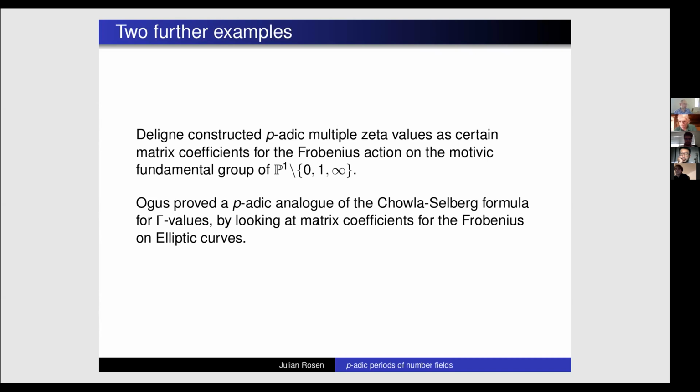Another instance of this notion of p-adic period: August has a p-adic analog of the Chowla-Selberg formula, also coming from thinking about matrix coefficients for the Frobenius acting on the motive associated with an elliptic curve. Okay, so maybe that's all I will say about these examples.